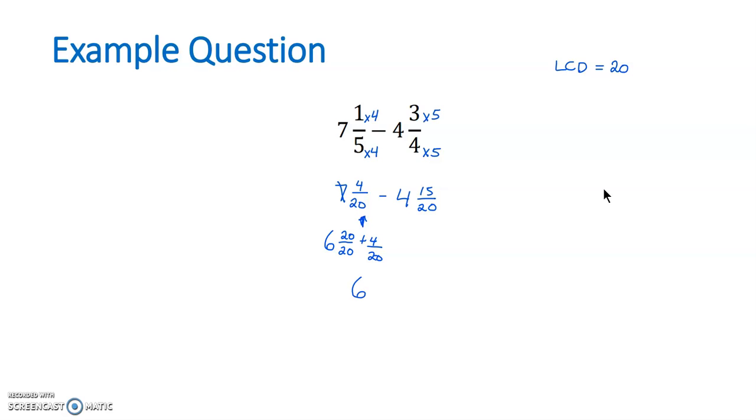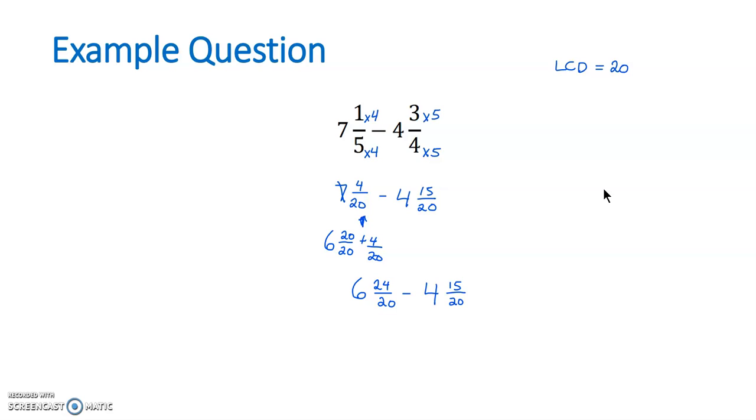So this will actually become 6 24/20 minus 4 15/20. Of course, we don't need to change anything about our second mixed number because we're going to be subtracting.